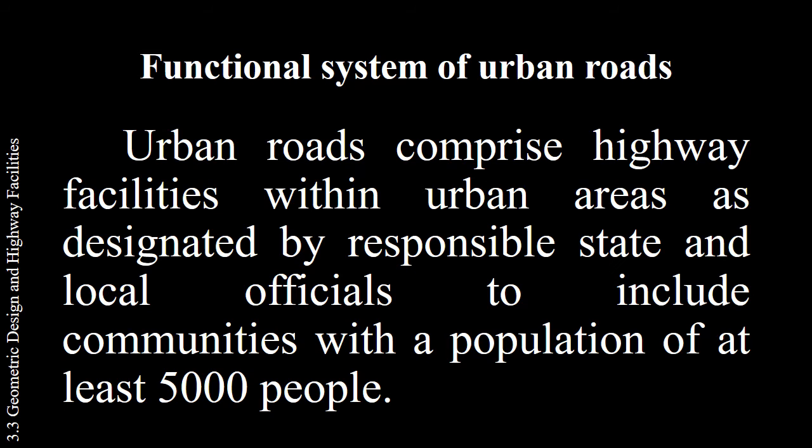The functional system of urban roads comprises highway facilities within urban areas, as designated by responsible state and local officials, to include communities with a population of at least 5,000 people.